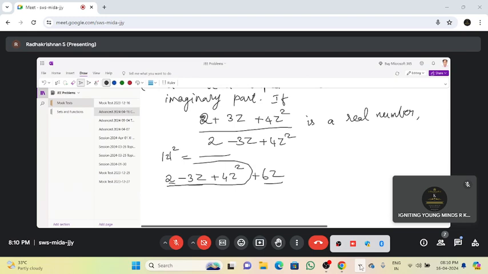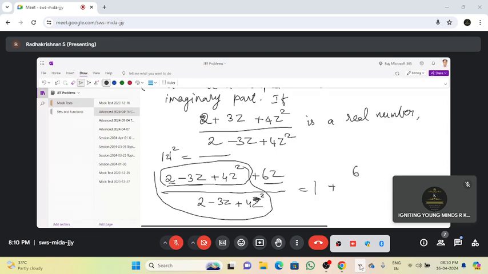This whole thing has now matched with the denominator, so this whole thing becomes 1. So that is one level of simplification.